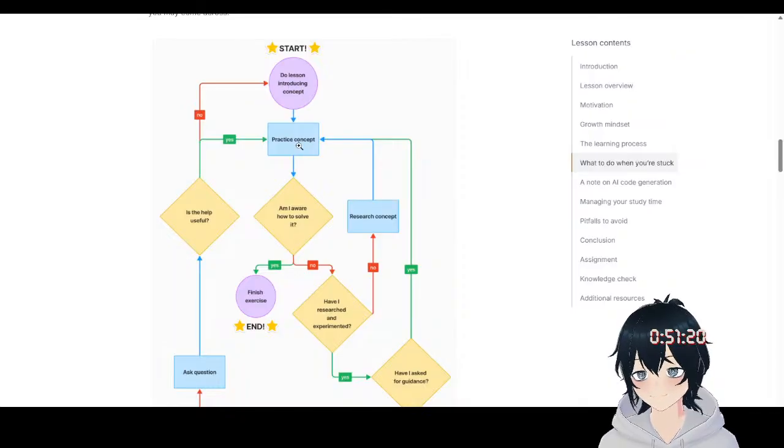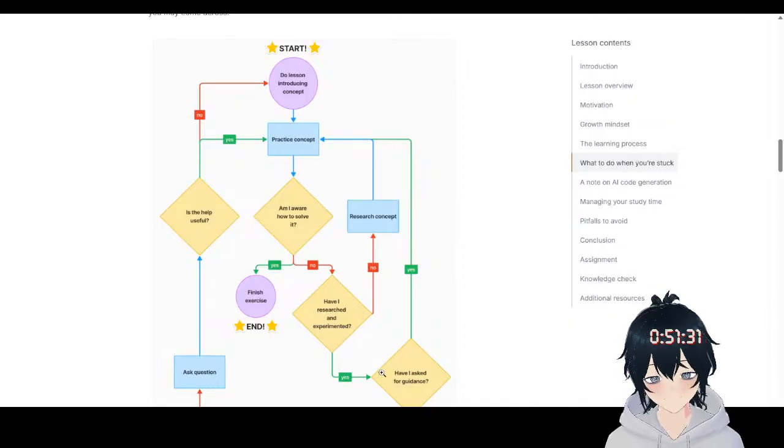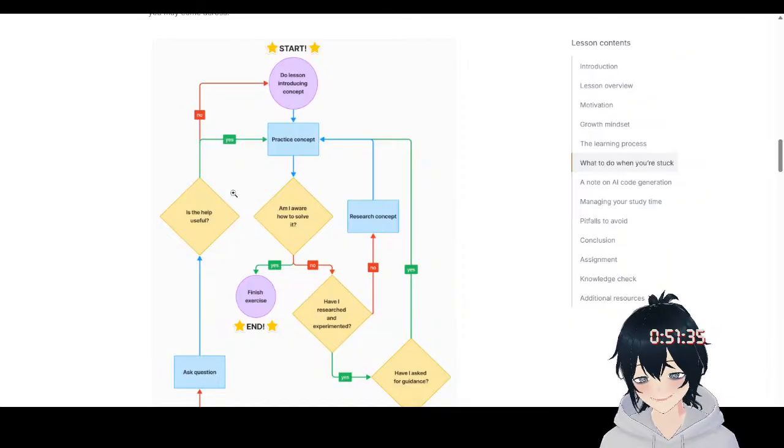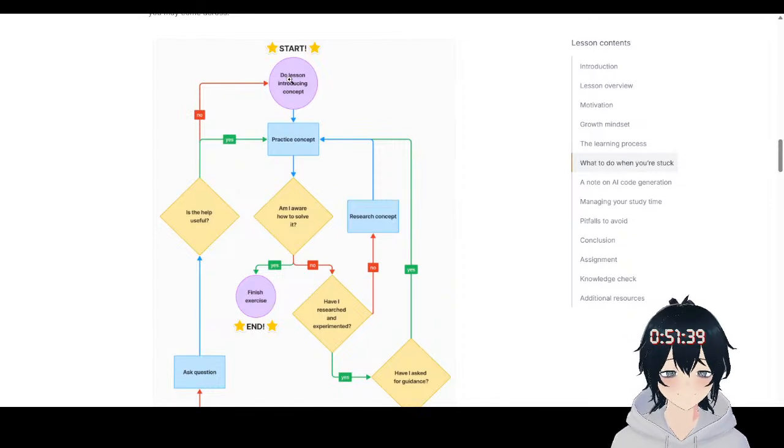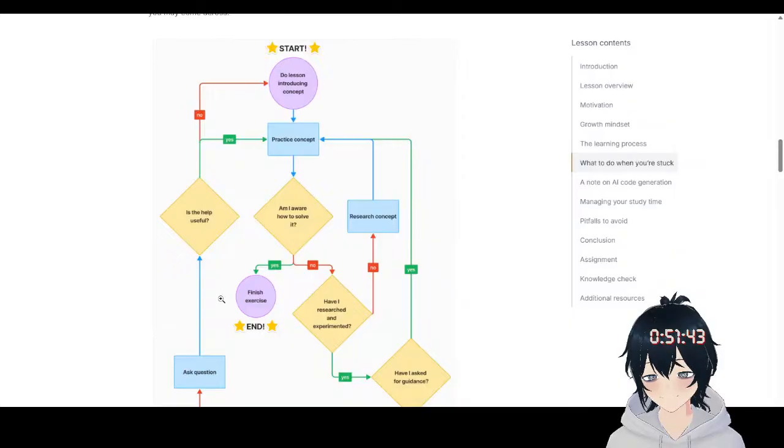Yes. Practice concept. Yes. Am I aware of how to solve it? Yes. No. Have I researched and experimented? Okay, so if nothing is clarified, I have to start from basics. Okay, sounds good.